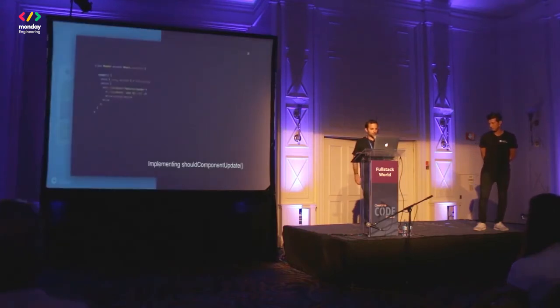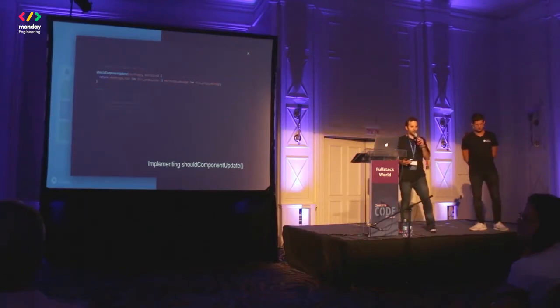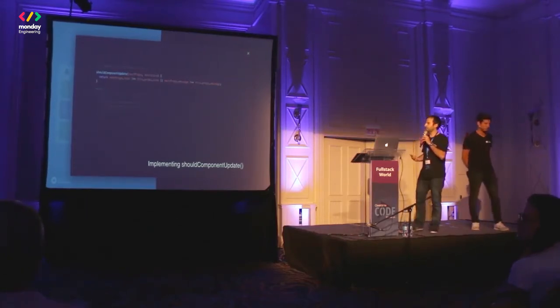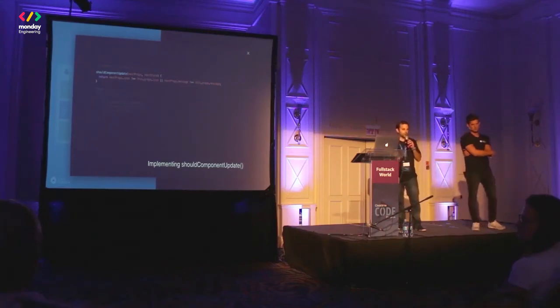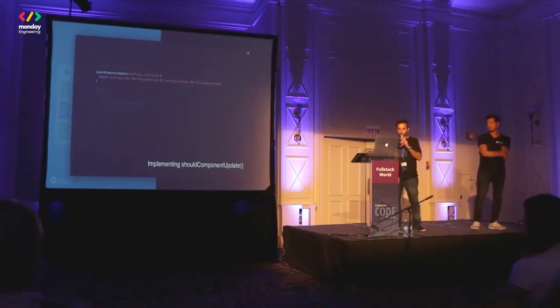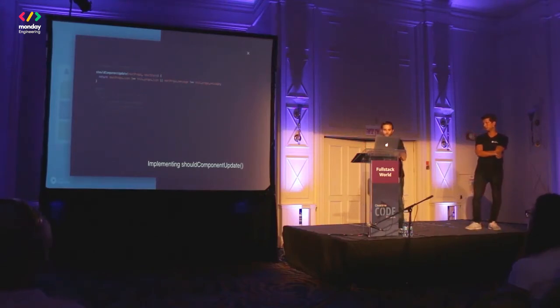So if we take a simple example of the header and implement the shouldComponentUpdate method, you see that we actually want to re-render the header only in case the icon and the message have changed. If they weren't changed, if the change is unrelated to these props, there's no need to re-render the same component again. And of course, all the examples we show here are things that we use heavily in repeaters, where each re-render can be very significant.